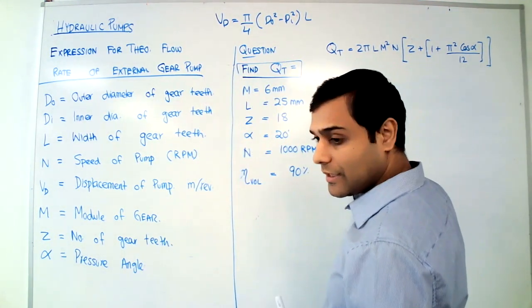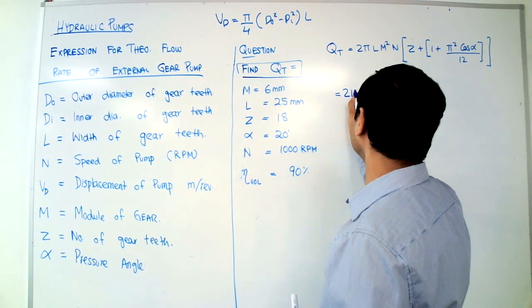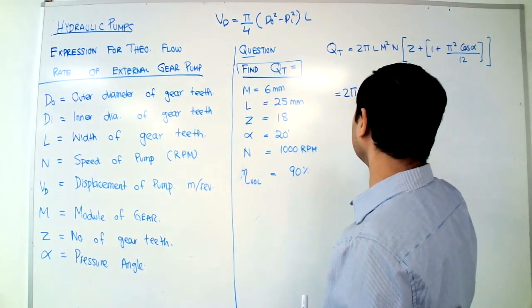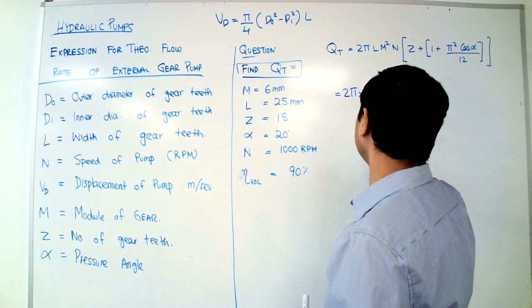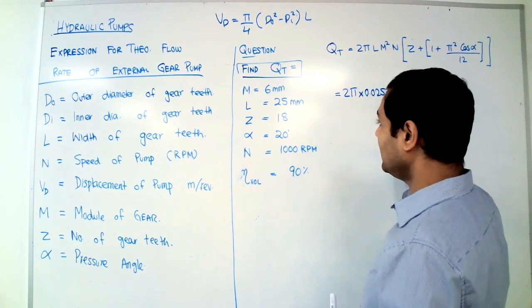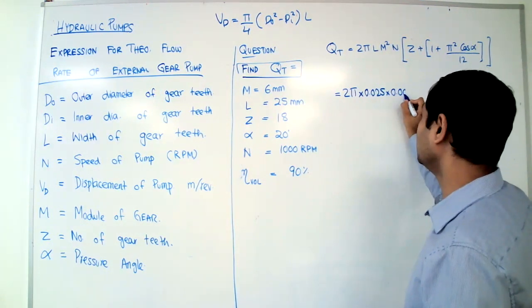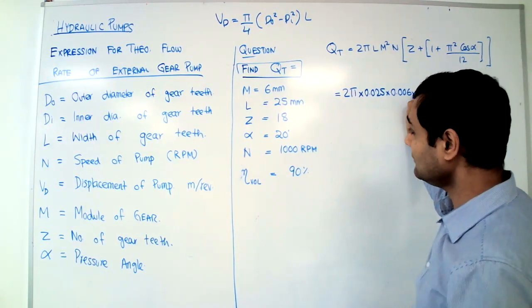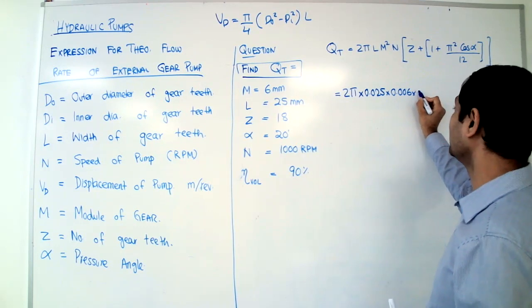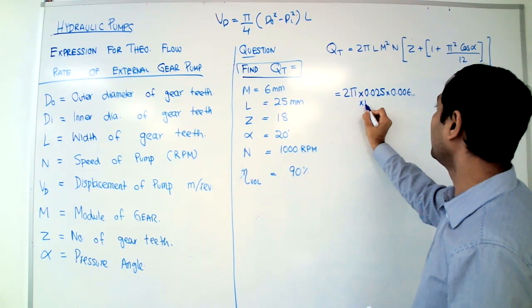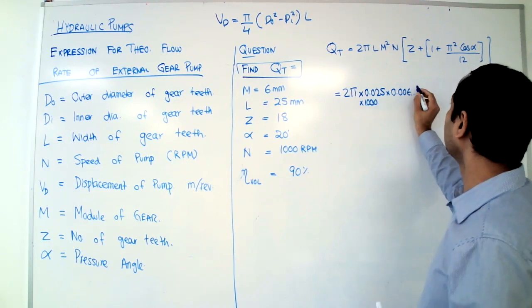If someone can put the values, 2 pi is the 2 pi. The L is 25, so that's going to be 0.025. The M is 0.006. N is 1000, so I'm just going to put 1000 here, multiplied by 1000.